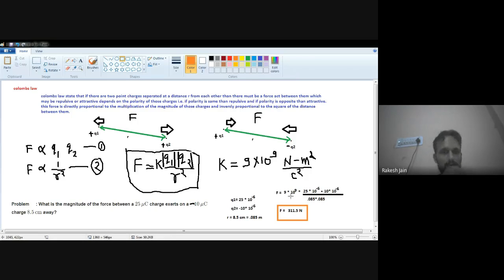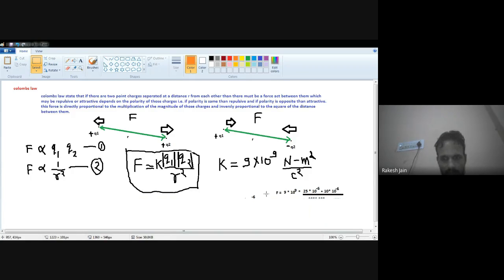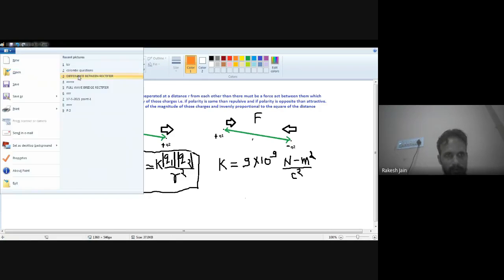311.5 Newton. Okay. Now we will solve the second numerical. I just remove this numerical. It will be available in the video, so you will write it down in your notes copy with the help of those videos. Okay. So now just see the second numerical on Coulomb's law.